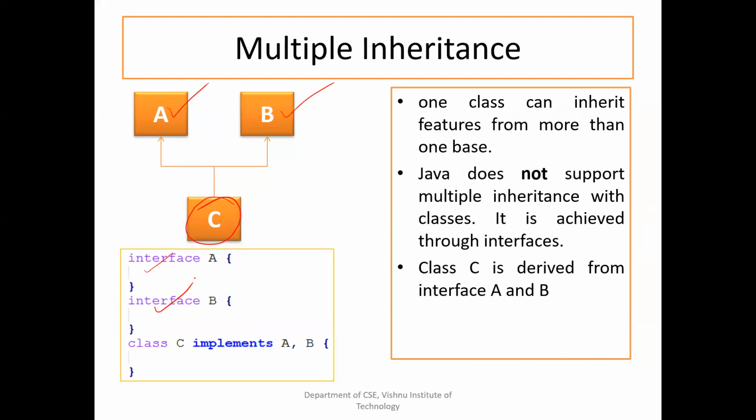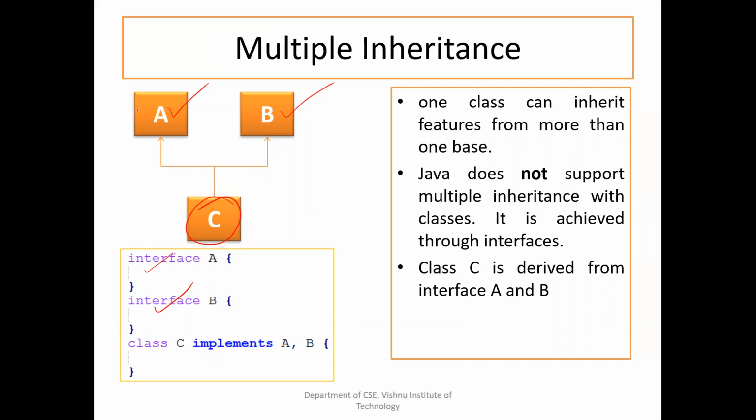Why is this not possible? You may get a question like this: why is multiple inheritance not achieved with the help of classes? See, what is inheritance? All the properties of one class will be acquired by its child.